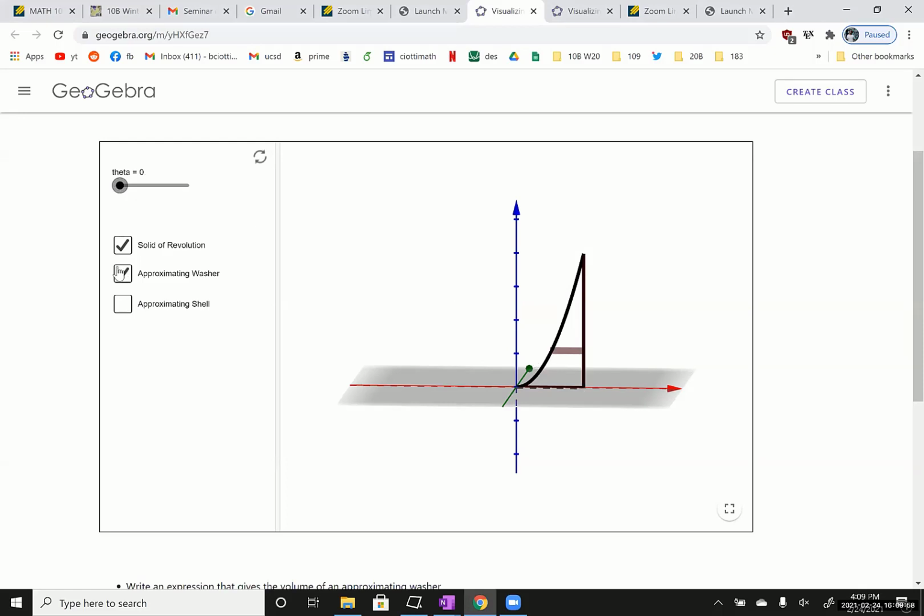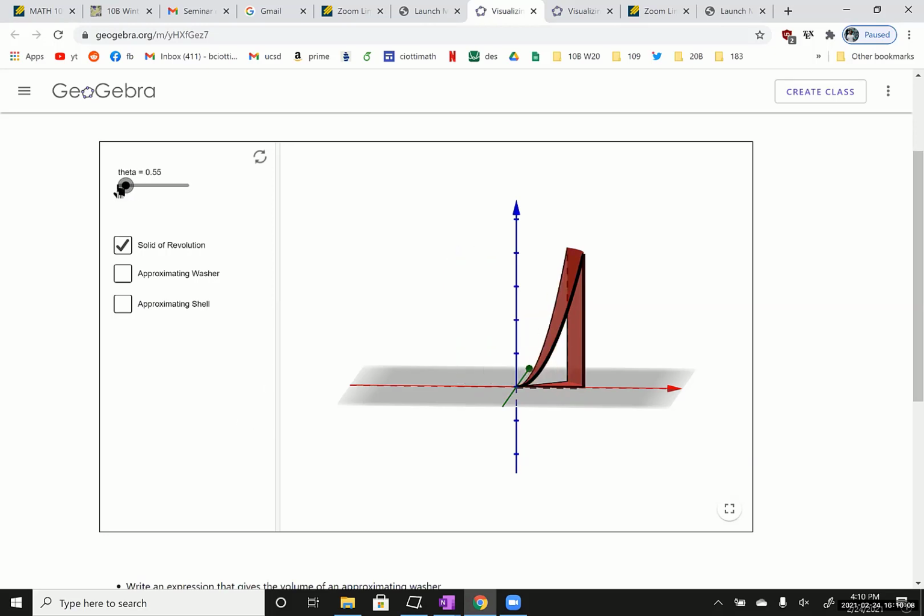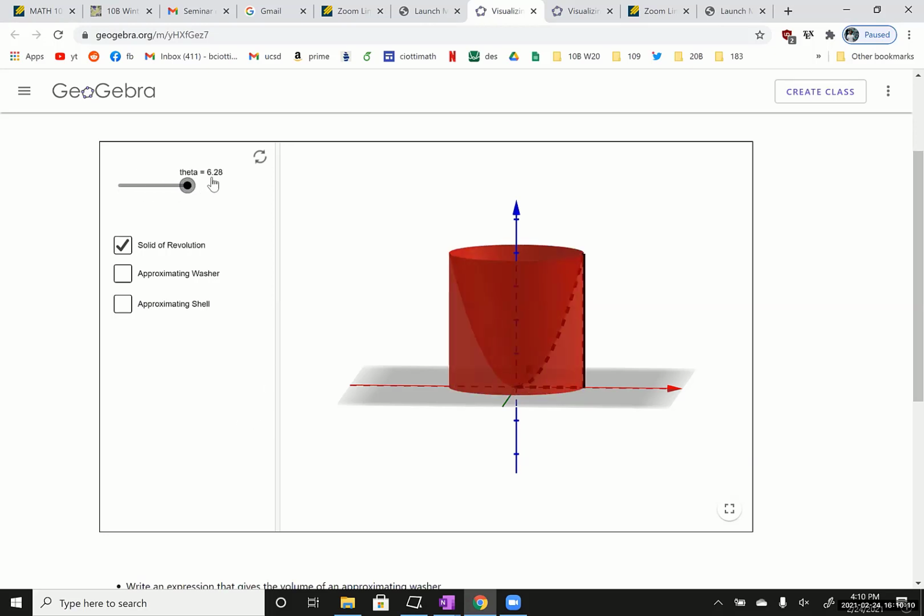So there's the region R. And when we rotate it around the y-axis, it's like sweeping out that region. That's the region that we want to find the volume of. I thought it looked kind of like a shot glass. And the way that we find its volume is with cross sections.